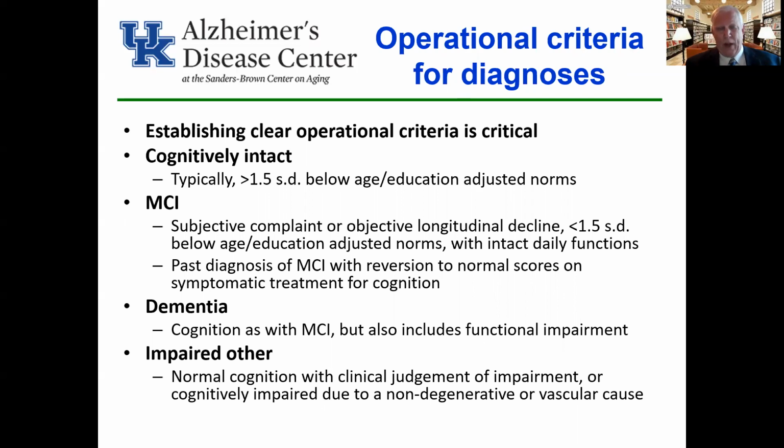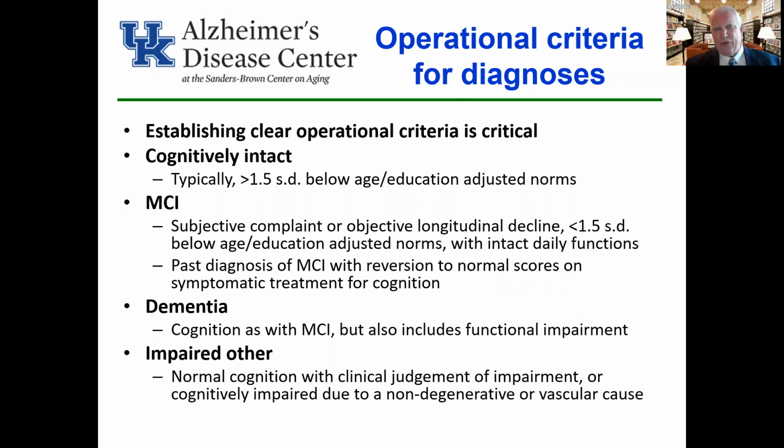Now, frequently we do have to take into account baseline levels of cognitive function, and after a period of 2 to 3 years, once we have longitudinal data on an individual participant, this really becomes modified for an individual.